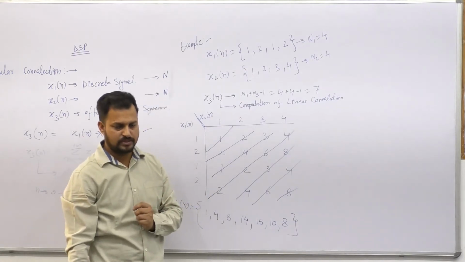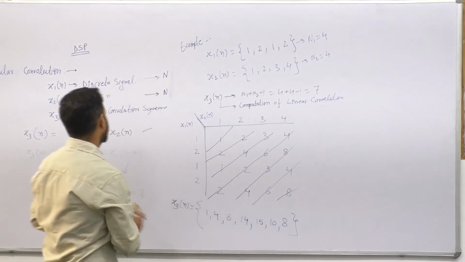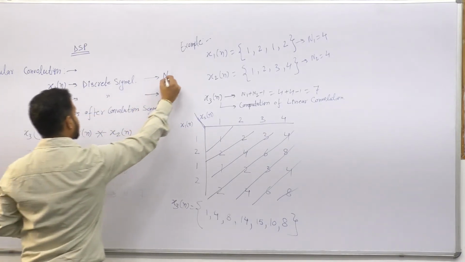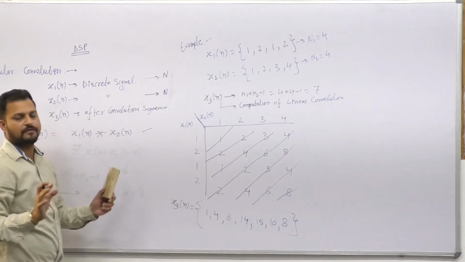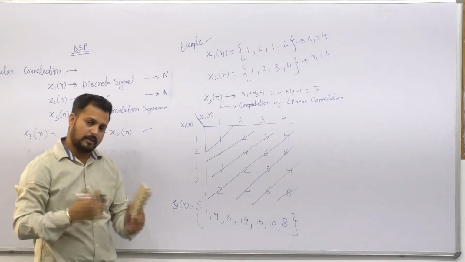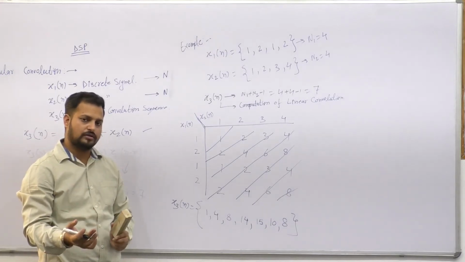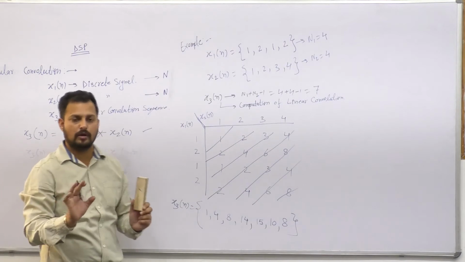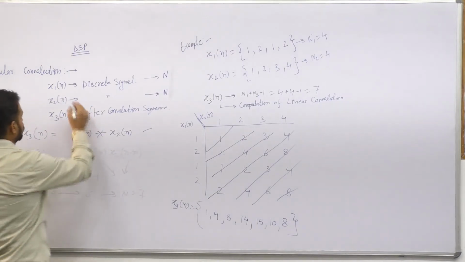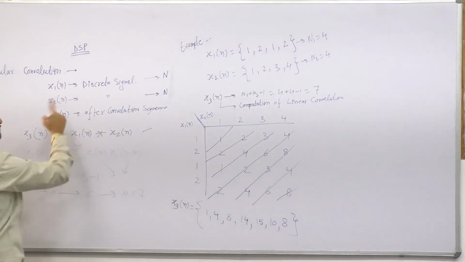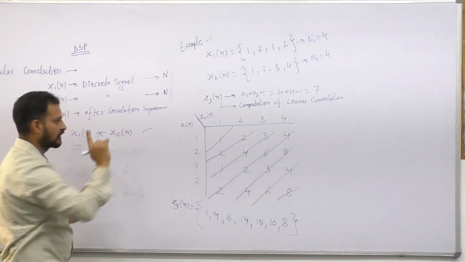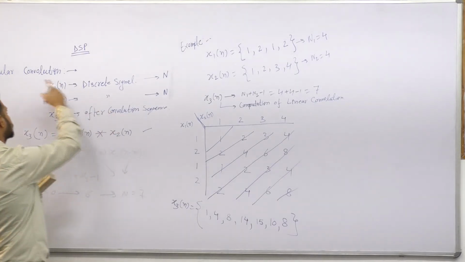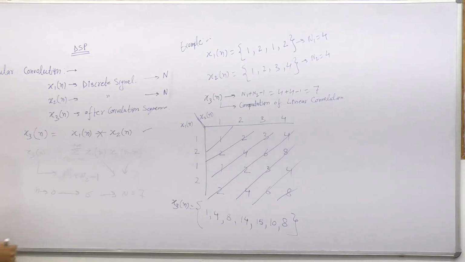For the circular convolution we must have the same length n, not n1 and n2. And what will be the final point of the convolution? Only n. So there is no formula for that, right?